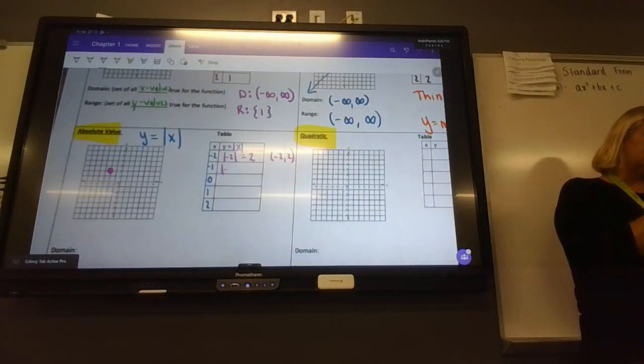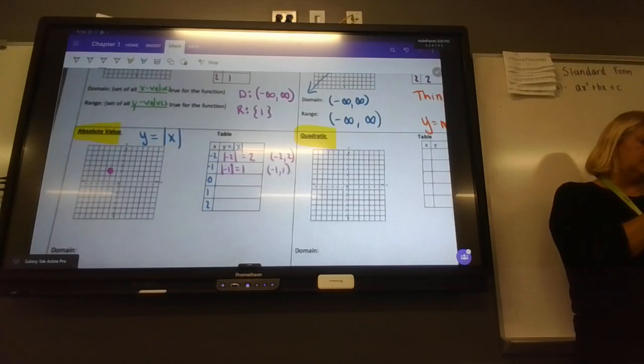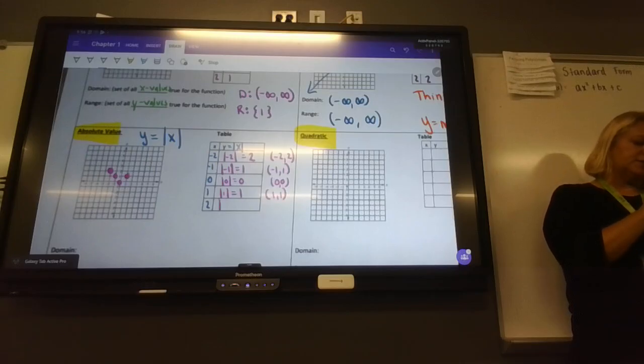Positive stays positive. And we still have a point at the origin, 0, 0. The absolute value of positive 1 is positive 1. And the absolute value of positive 2 is positive 2.